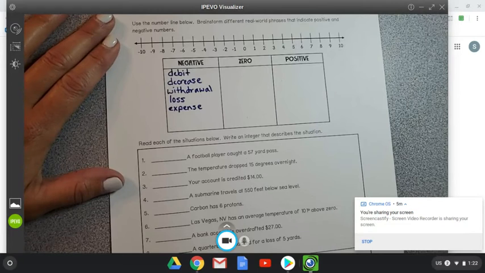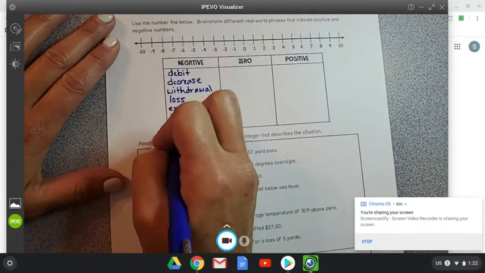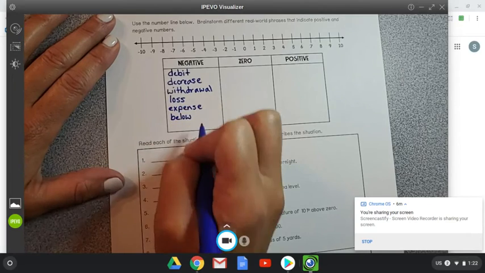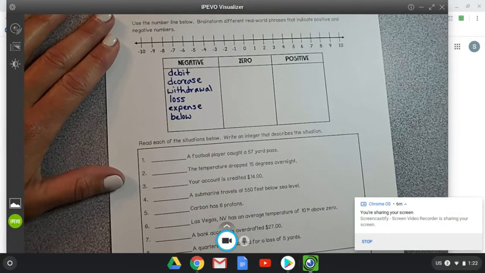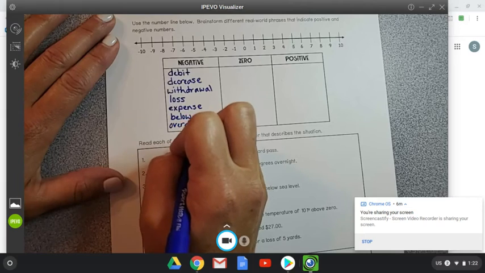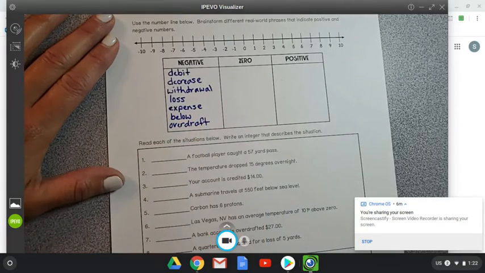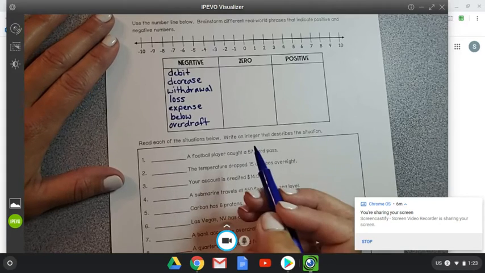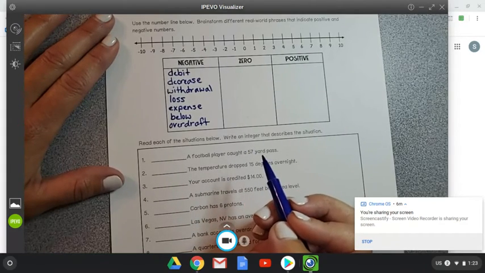If you have an expense, it means you're spending money. So it is a loss of money. Below, when we're talking about below zero or below sea level, that's where you'll see below come into play. And then also overdraft. Overdraft means you went negative in your bank account. So that is also a negative number.